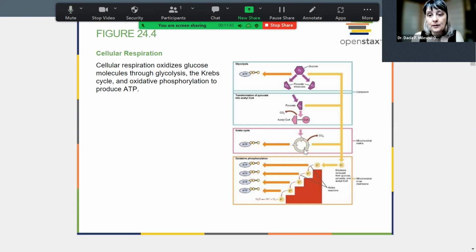And the product of Krebs cycle is that you release CO2, but the most important product is what we need, which is that ATP stored energy. And this all occurs in the mitochondria.